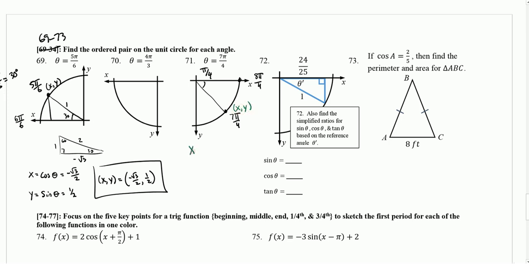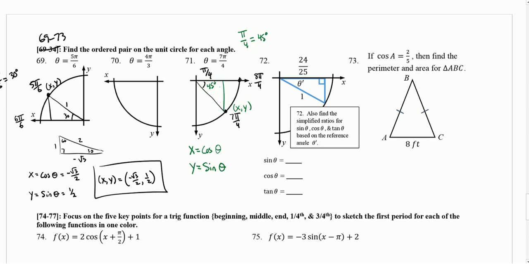X is our cosine of theta. Y is our sine of theta. We have our reference angle here between 7 pi over 4 and 8 pi over 4, which is pi over 4. Pi is 180, so 180 over 4 is 45 degrees.